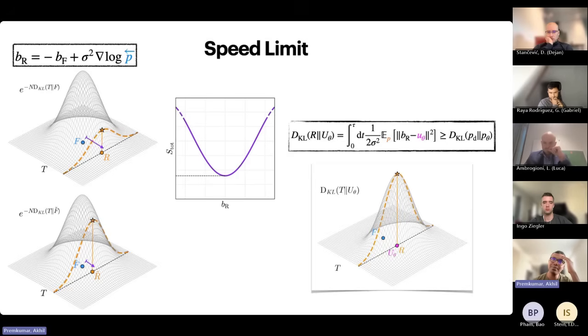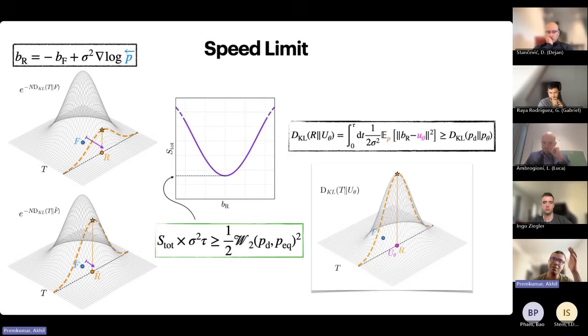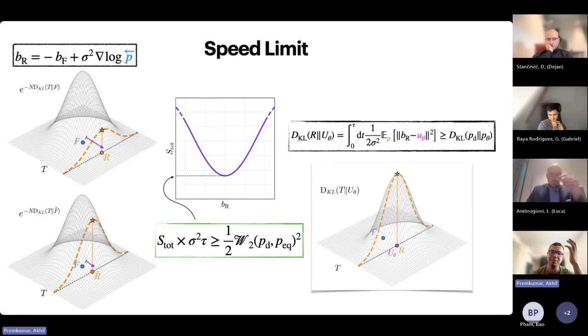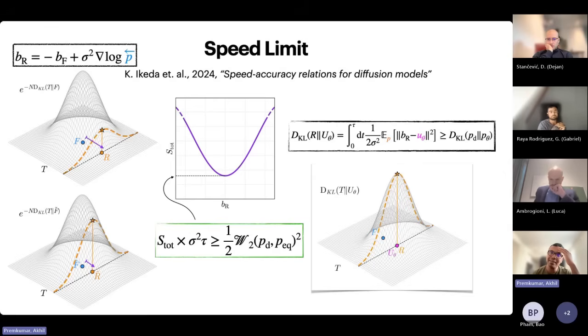So this lower bound is actually related to the L2 Wasserstein distance between the data distribution and the equilibrium distribution, which is extremely satisfying because it neatly connects this discussion to optimal transport. This relation is very well known in the stochastic thermodynamics literature.